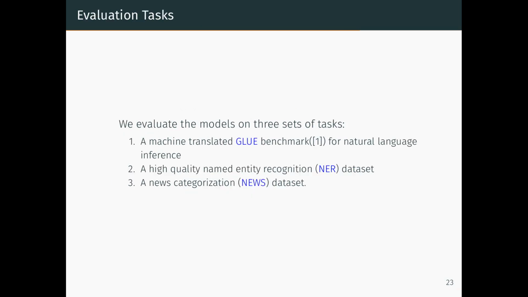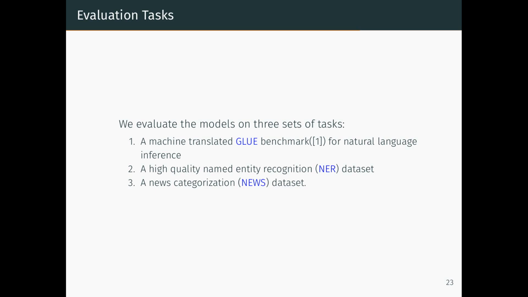We evaluate the pre-trained models on 3 sets of tasks. One is the GLUE benchmark, which has often been used for evaluating the effectiveness of pre-trained language models. We obtain our GLUE benchmark data by translating the original benchmark data into Kinyarwanda using Google Translate.